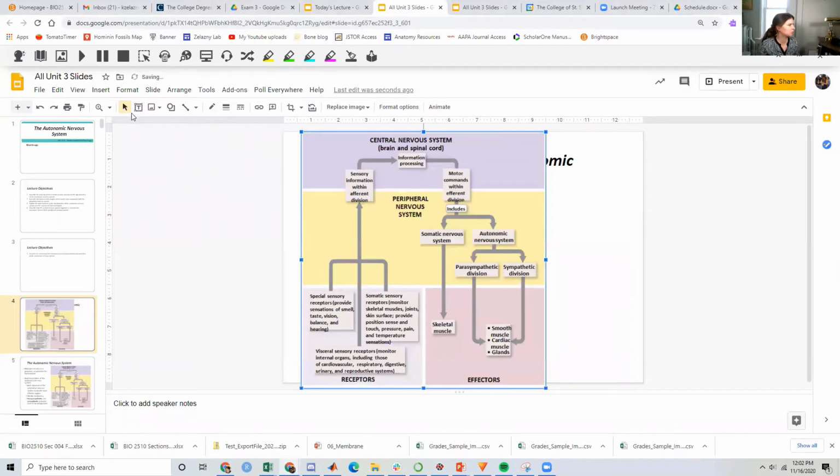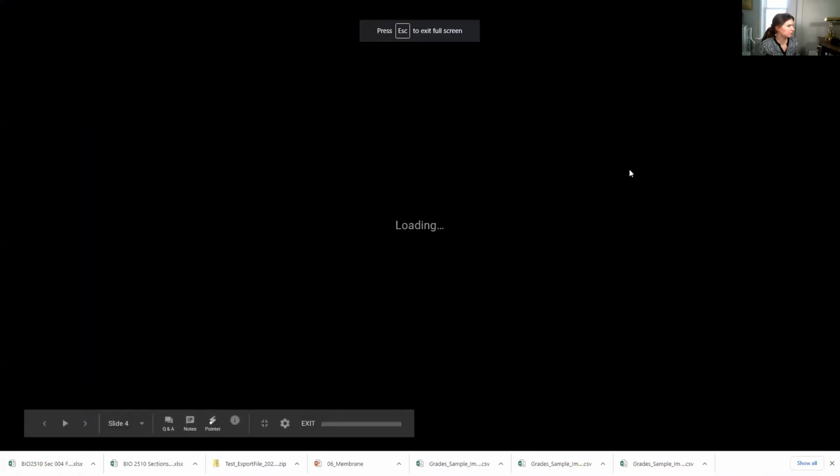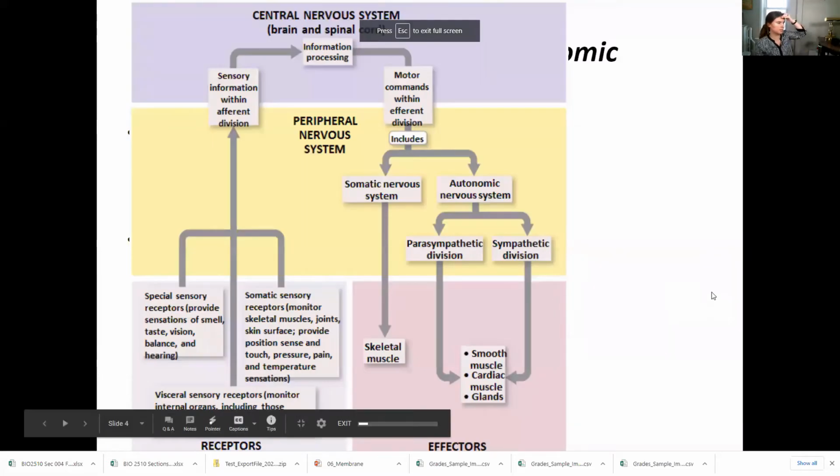I am screen sharing. Cool. And the reason we're pulling this out is that this holds together all the information for this unit practically, it's somehow related to this chart. So you should always be thinking as you're studying, where in this chart are we?